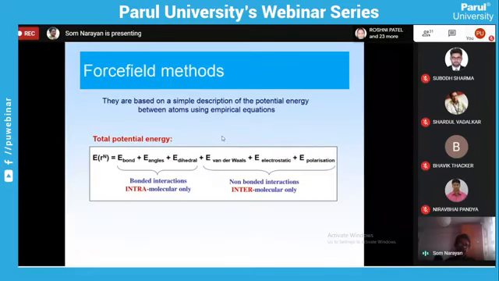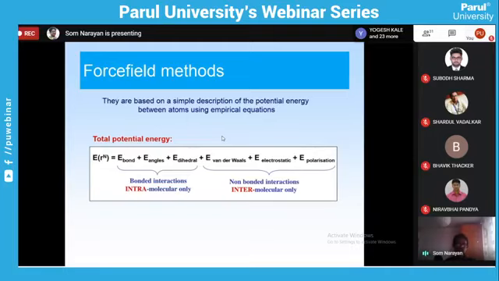The force field is basically of two types. We can give the potential energy in the form of bonded interactions, intramolecular only, that is the bond energies, angle energies, and dihedral energies, and non-bonded interactions, intermolecular forces, that is van der Waals, electrostatic energy and polarization.